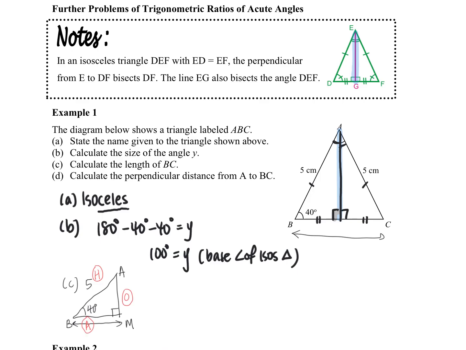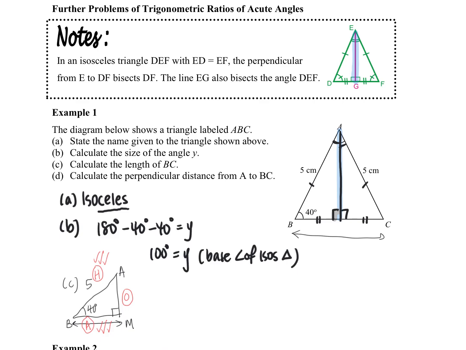So I want to find A. This is what I need to find, and I have H. So what should I use? Cosine. So cosine goes with the angle 40 and is equals to BM over 5.